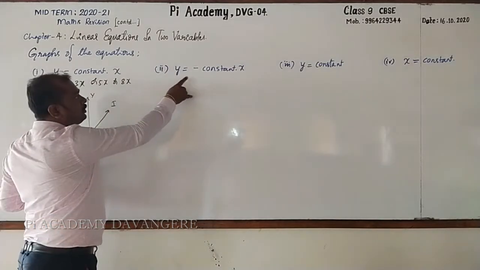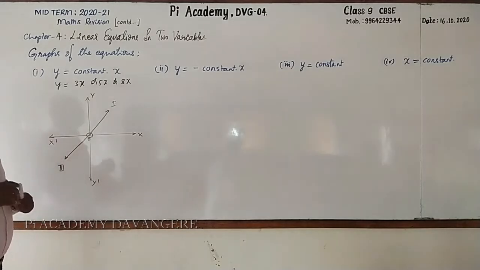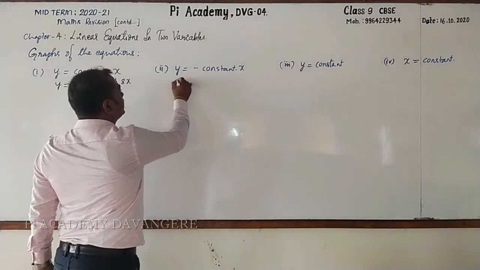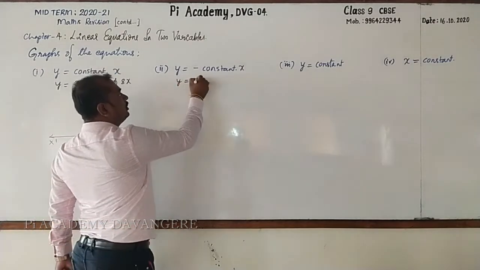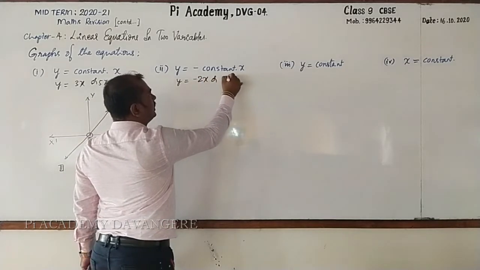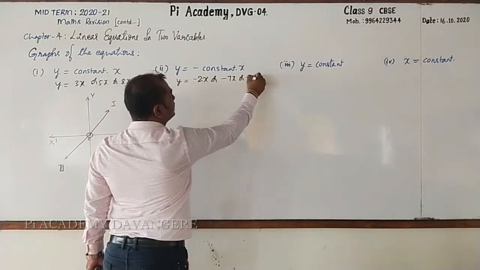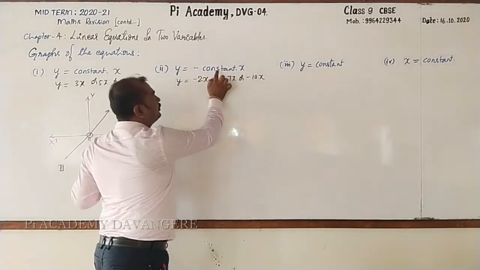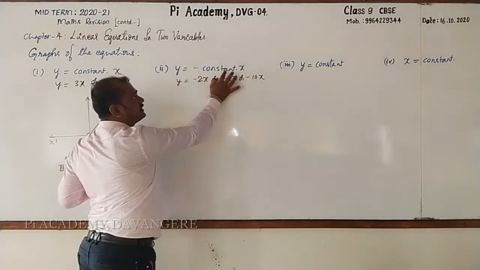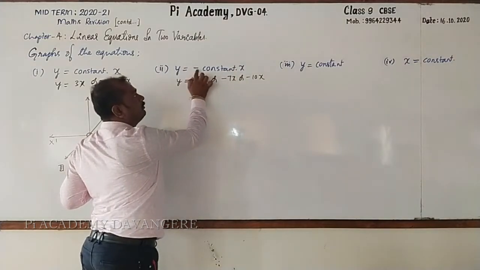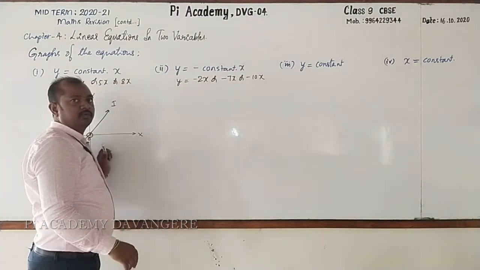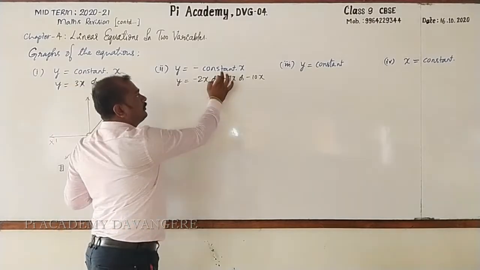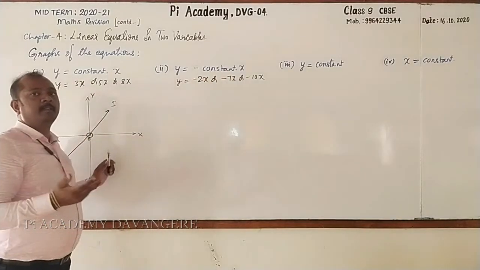Next, go through second one. y equal to minus constant into x. I'll take an example. y equal to minus 2x or minus 7x or minus 10x and so on. Look here. When x is positive, then y will be negative, plus minus. If x is negative, y will be positive.